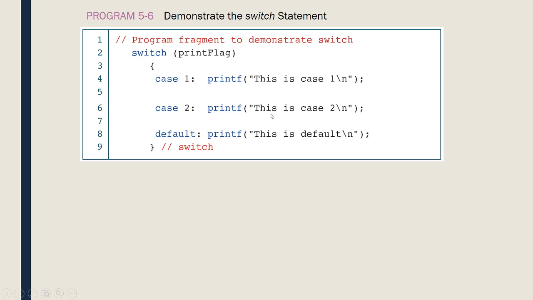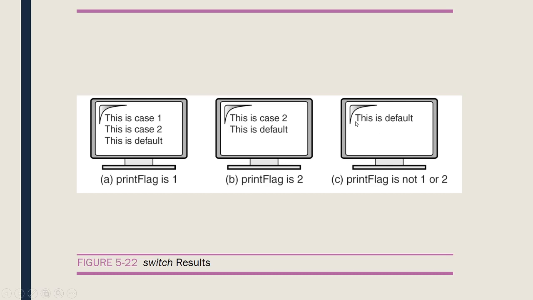This is case 1, this is case 2, and this is default. And letter B shows the result if the print flag is 2. So this is case 2 and this is default. And whenever the print flag is not 1 or 2, it will display this is default.